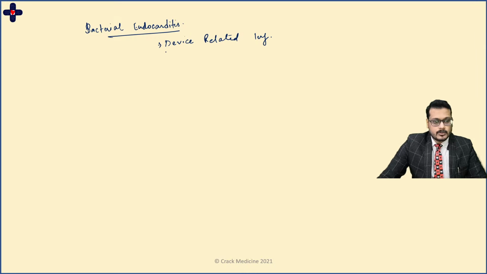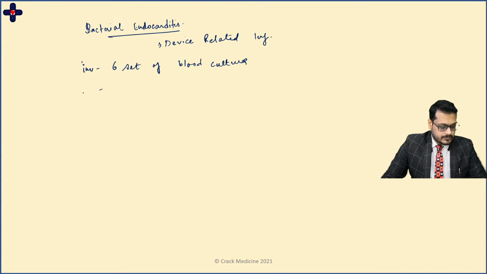We will talk more about it in cardiology. You have to have 6 cultures, 6 sets of blood cultures at least. Then you have to give treatment for 6 weeks.